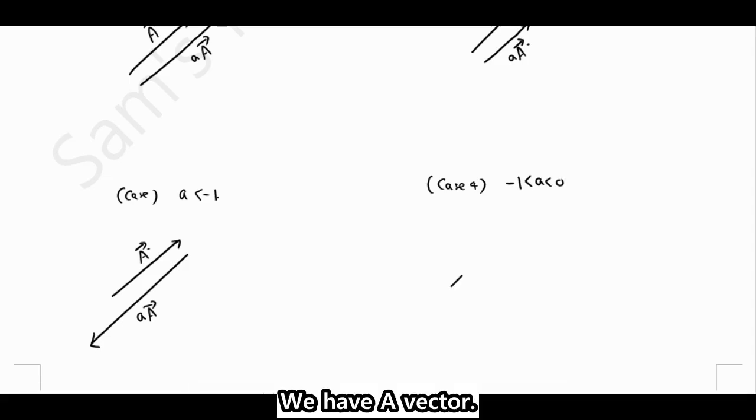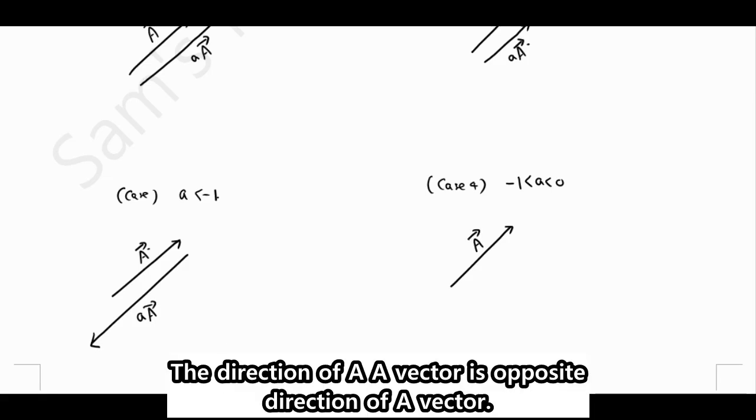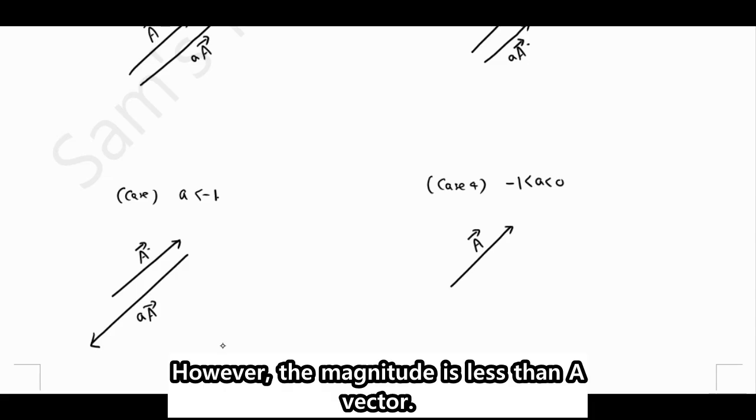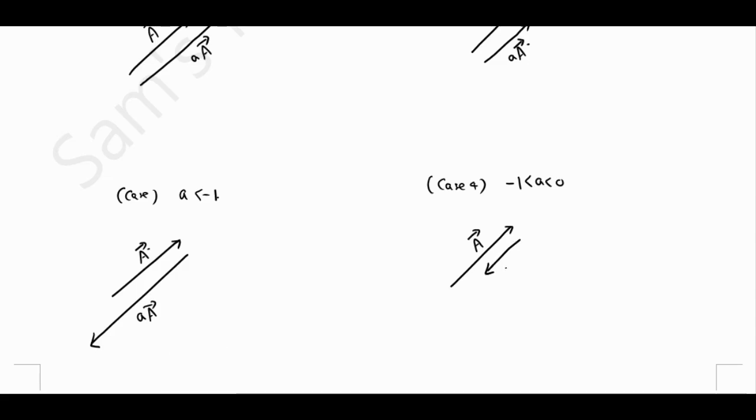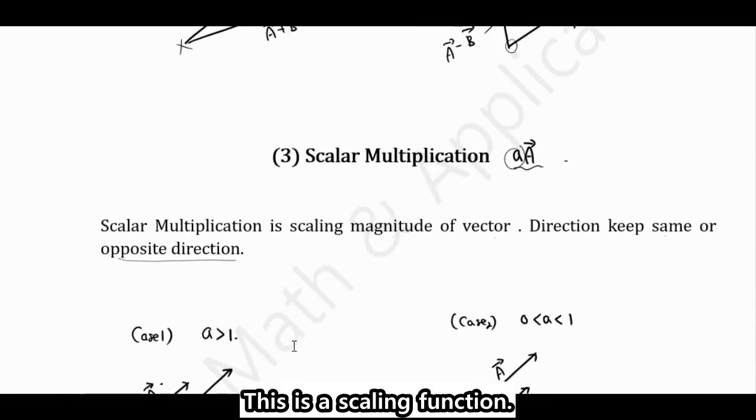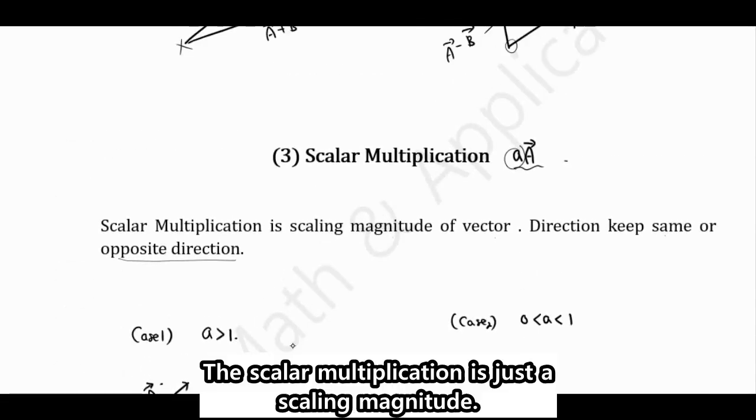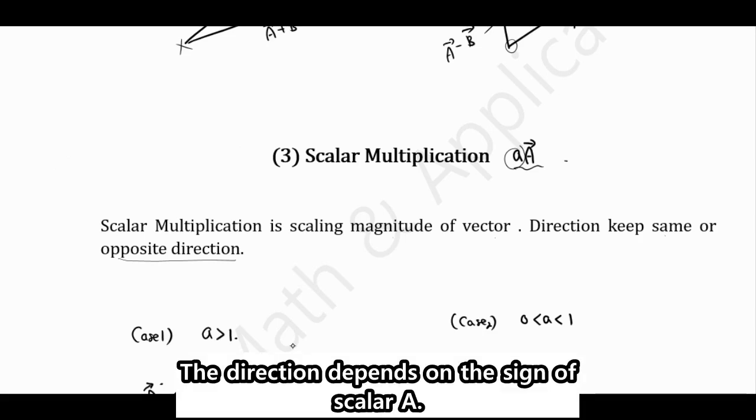We have A vector. The direction of aA vector is opposite to A vector. However, the magnitude is less than A vector. Right? This is a scaling function. The scalar multiplication is just scaling the magnitude. The direction depends on the sign of scalar a.